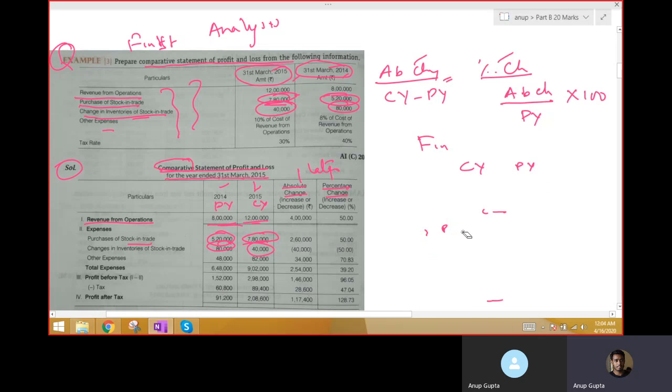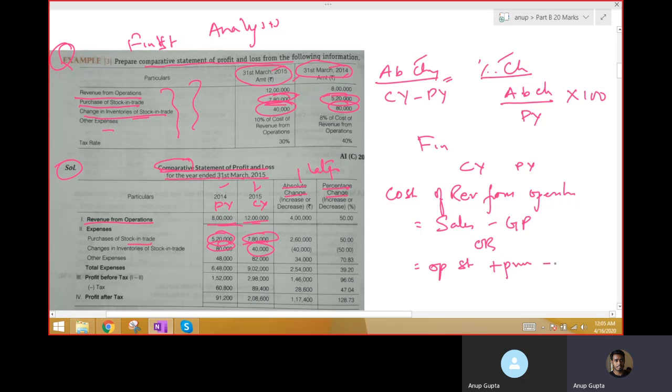Cost of revenue from operation: you must have studied the formula in class 11 under the chapter accounting equation. Cost of revenue from operation is either sales minus gross profit, which is the first formula, or opening stock plus purchases minus closing stock.